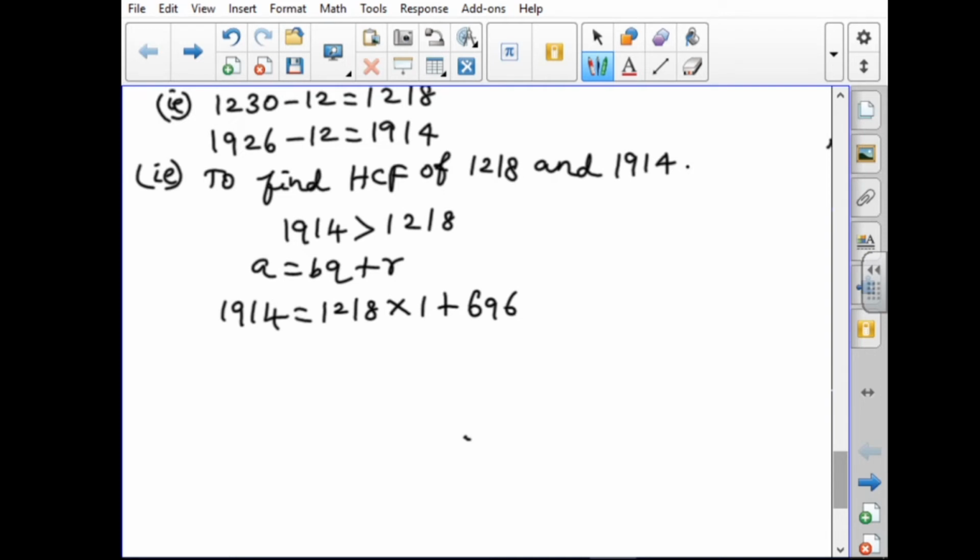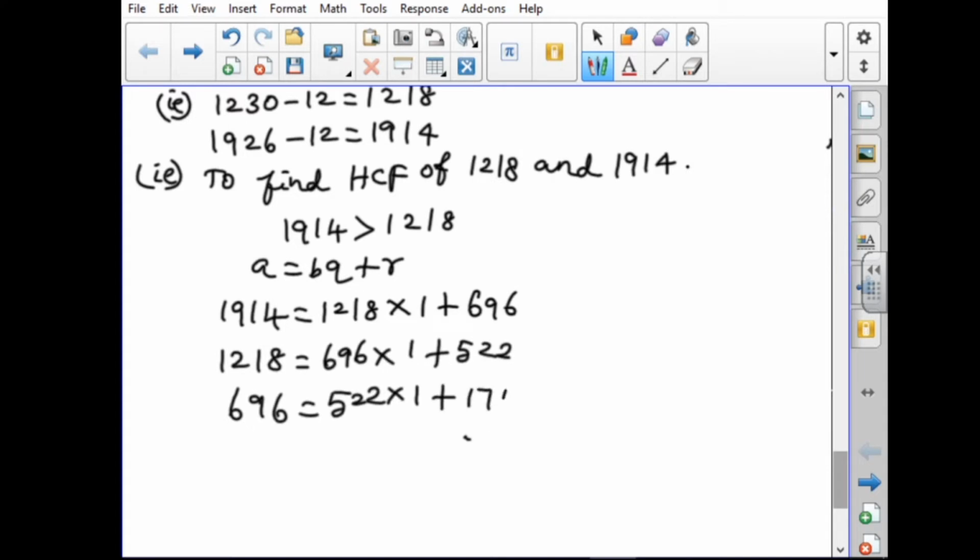Students, please work it out in the rough column. Now the divisor will become the dividend. So 1218 equal to 696, it will be also one time. The balance will be 522. Again 696 equal to 522 into 1.